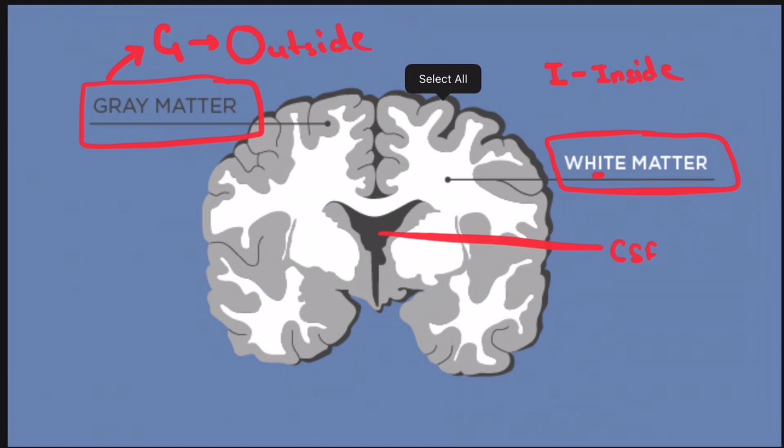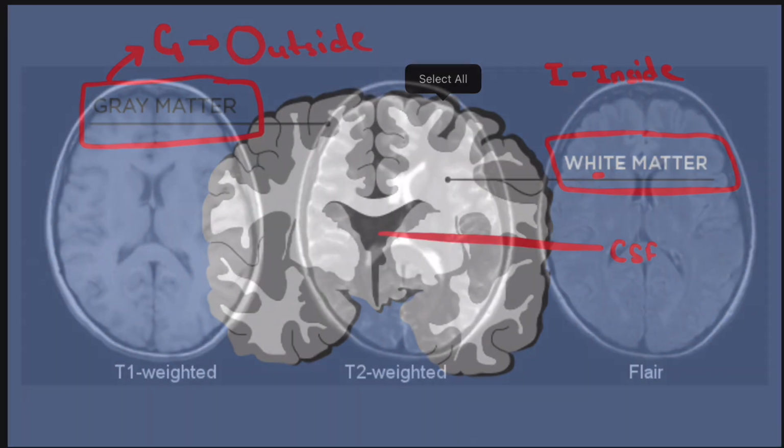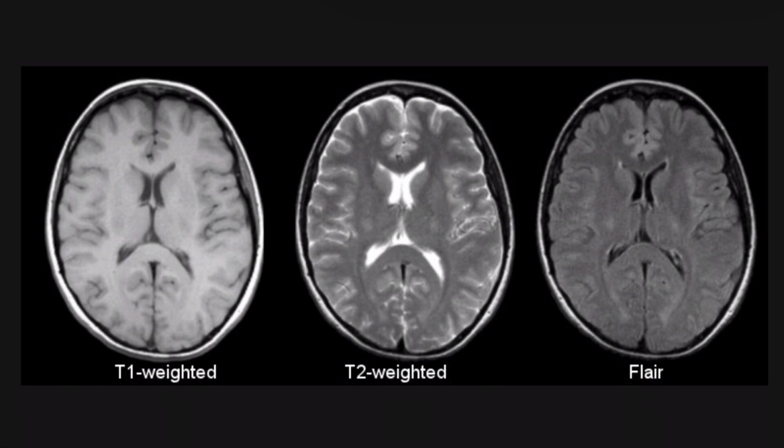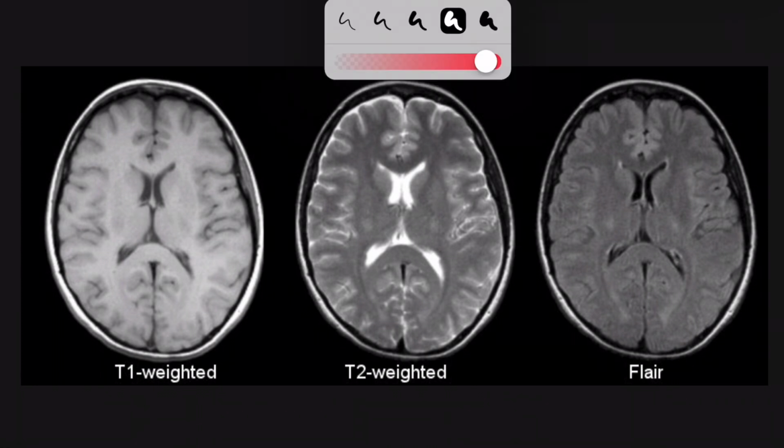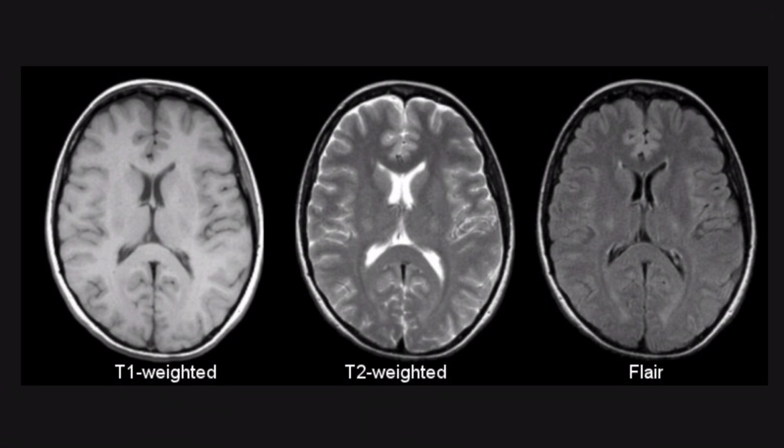Now coming to the MRI. Now you can see all these three MRIs on your screen. So this is T1, T2 and Flair. So first of all you should know how to differentiate between these.